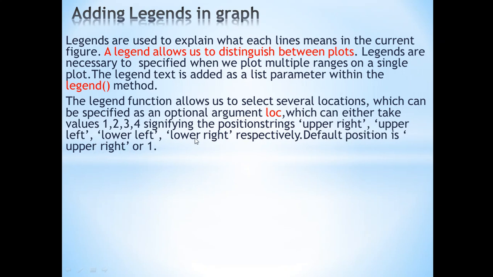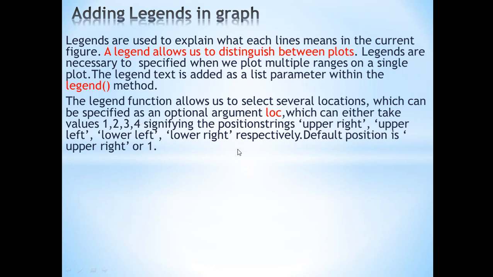It means that when you have plotted the graph and you want to put the legend in the upper left corner, then you will specify the loc value as 2. 1 means upper right, 2 means upper left, 3 means lower left, and 4 means lower right.